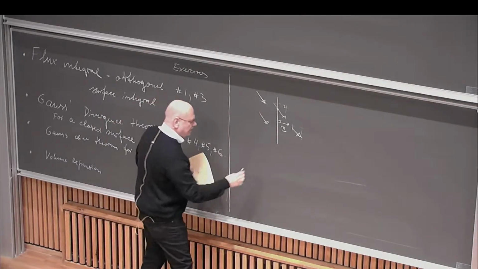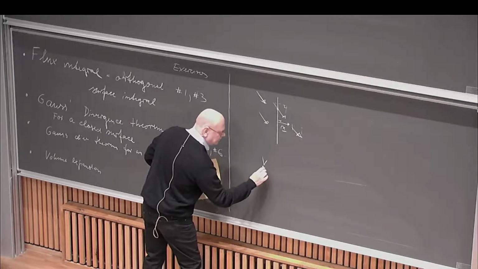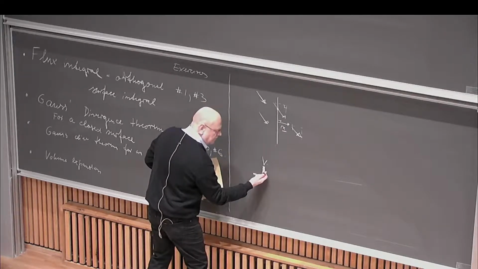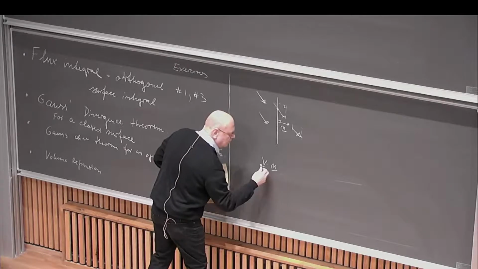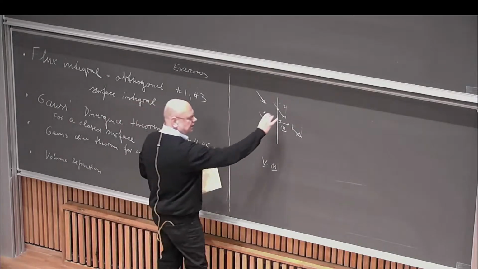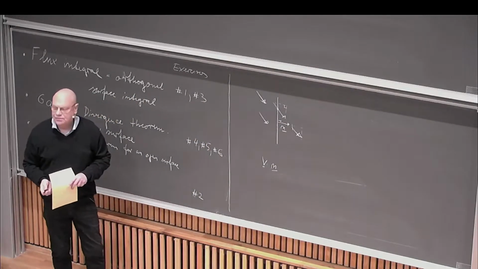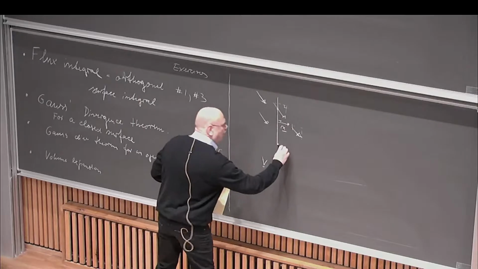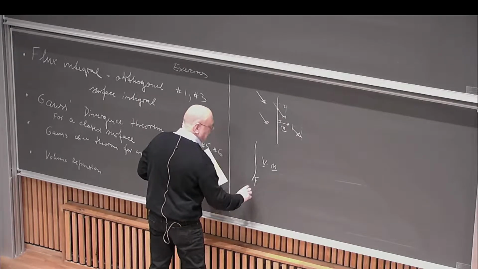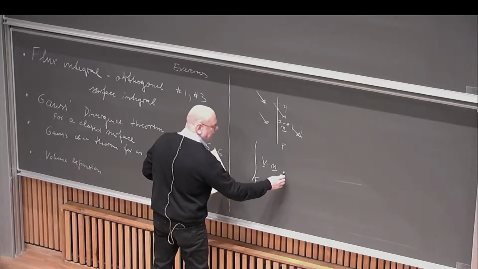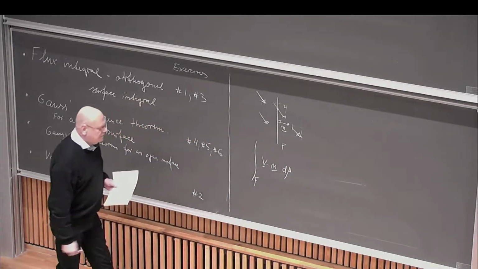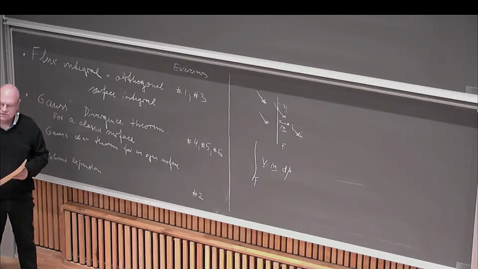And I write it in this way. The projection is the vector field dotted with the normal vector. Then you have this projection. And what you then do is that you sum it up all over this field here. So if I call this field F, then this is simply the flux integral.